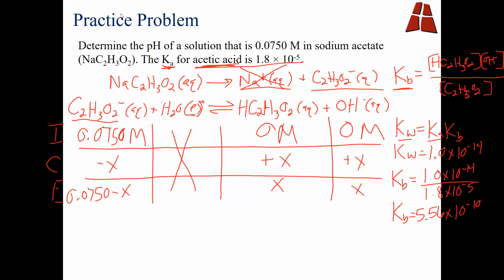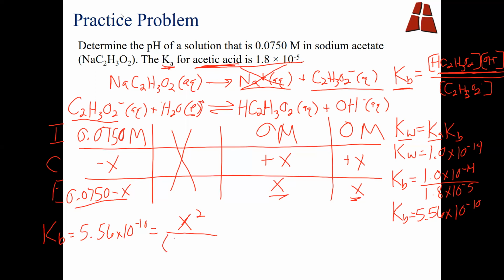Okay. And so if we plug in our variables, we could say that Kb, equal to 5.56 times 10 to the minus 10, is equal to x squared. I'm just plugging in our x values that we got in our equilibrium row for acetic acid and hydroxide, divided by our equilibrium row for acetate, which is our reactant.